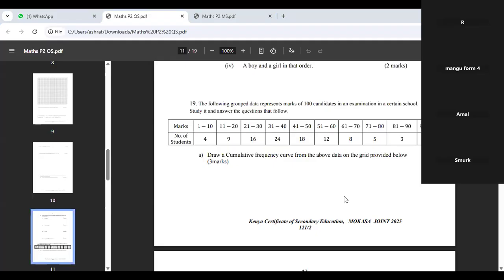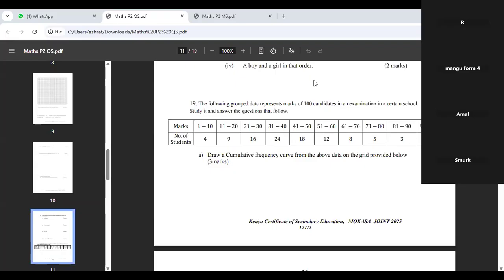Before you go to number 19, in that question, if you use the simplified forms, you get different answers. Simplified forms of the fractions. Like the fraction of the boys at the start is 18 over 28.